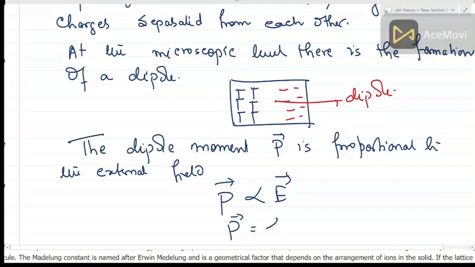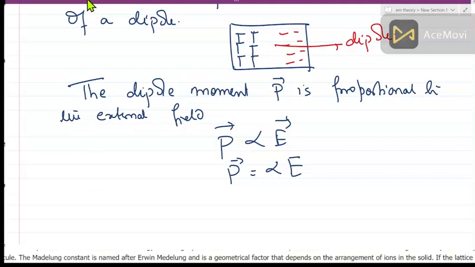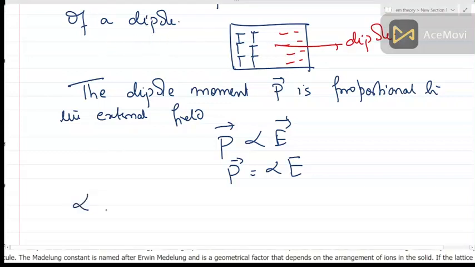So we can write mathematically that P is proportional to the electric field, and when we remove this proportionality sign, we put a constant alpha. This is proportionality, this is alpha. They look the same, so please don't get confused.